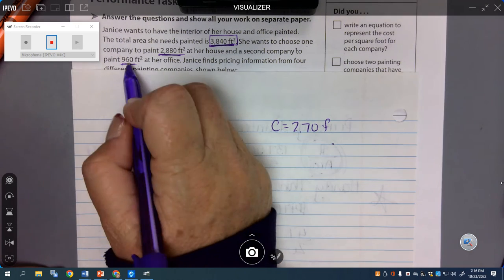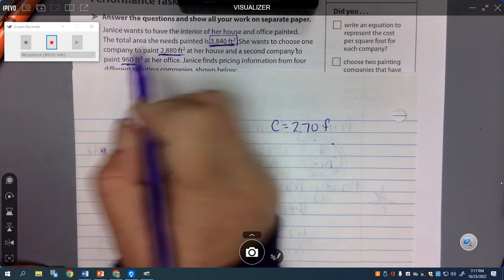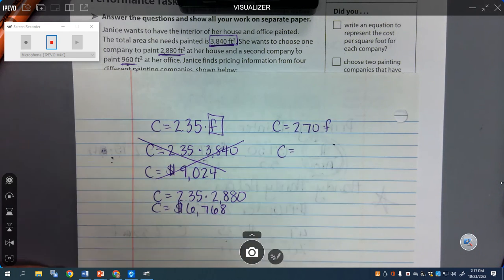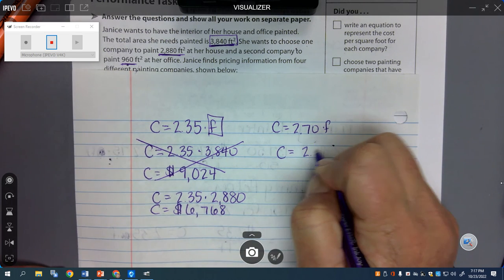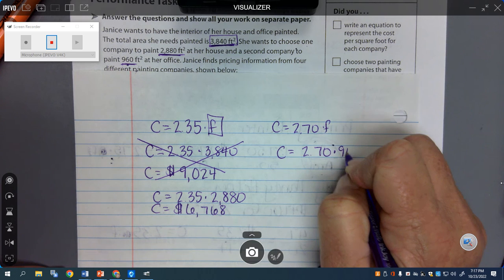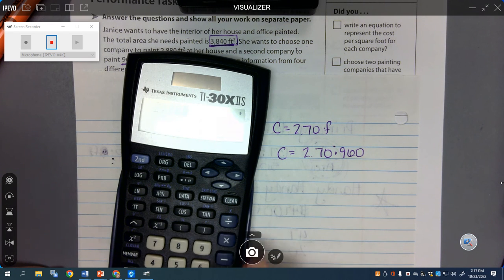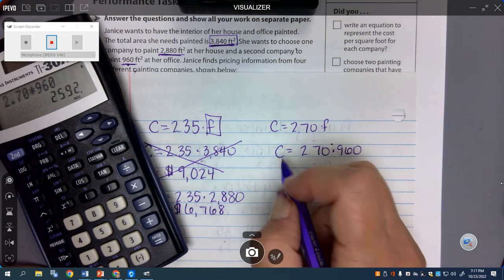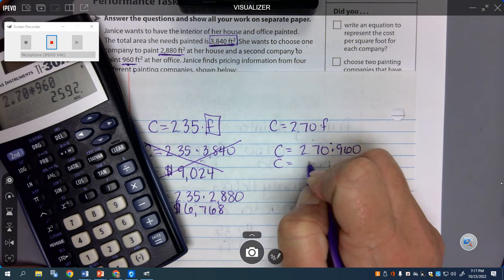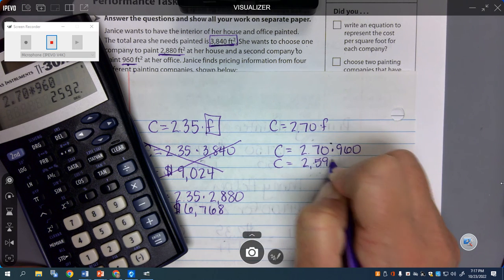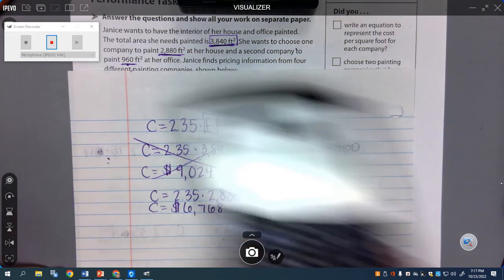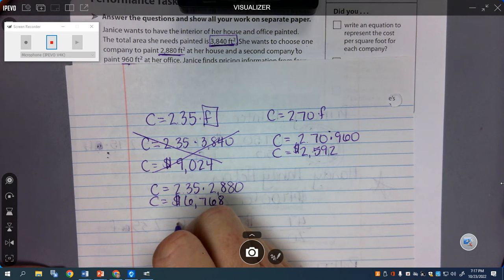Now, her office is only 960 square feet, so the cost of that is going to be $2.70 times 960, which comes out to be $2,592. So now to find the total cost, we're going to add them together.